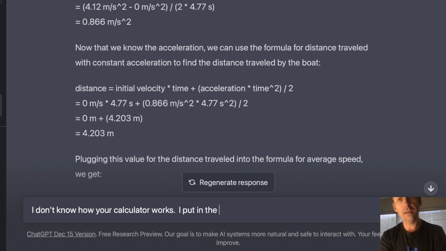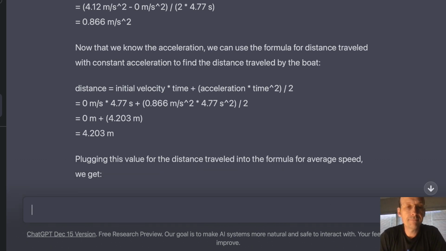I put in the same numbers and what would I get? 2.06 meters. It's like working with a child.